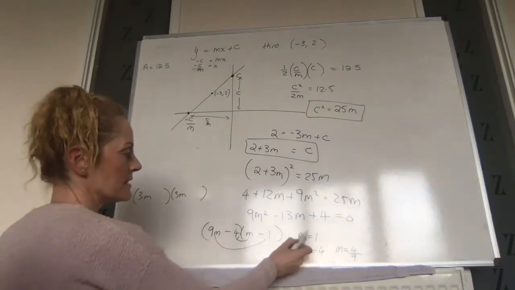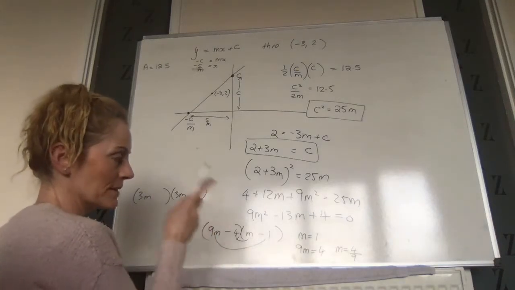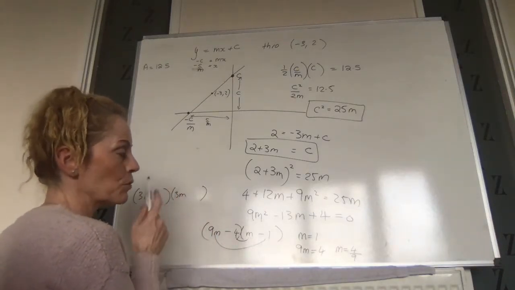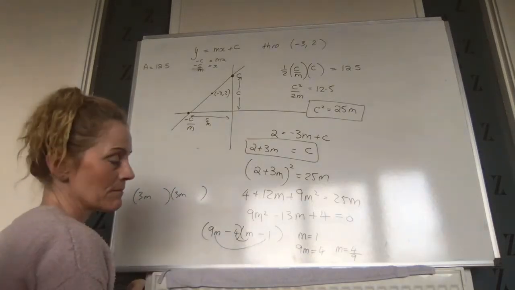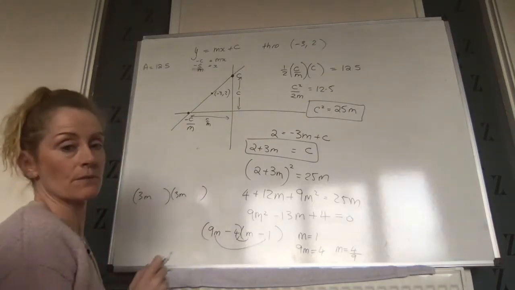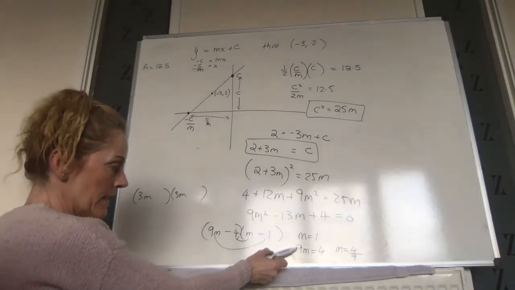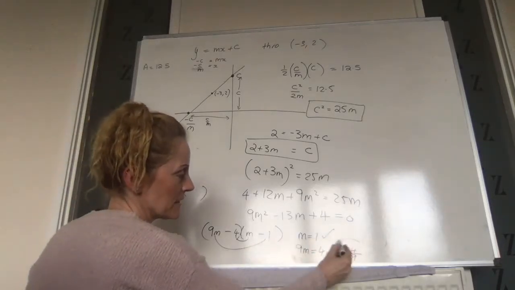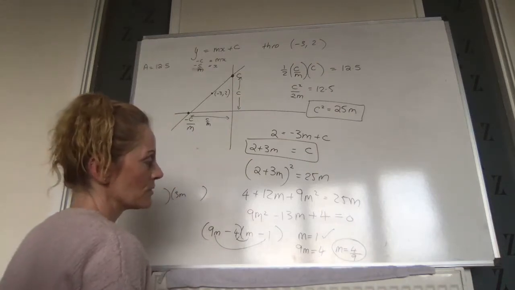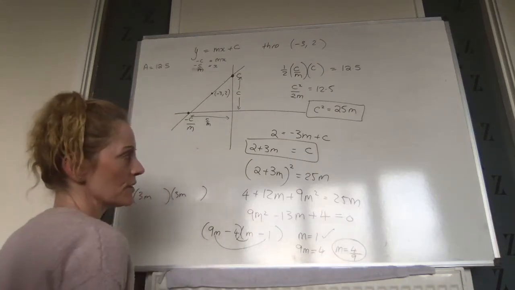Now, this is telling us 2 lines, but remember in the previous question we already had one of the lines. We had a line that went through the point (-3, 2) and made that area of 12.5. So we know that's the line we already had, so this must be the other line. So the line we're looking for has a slope of 4 over 9.